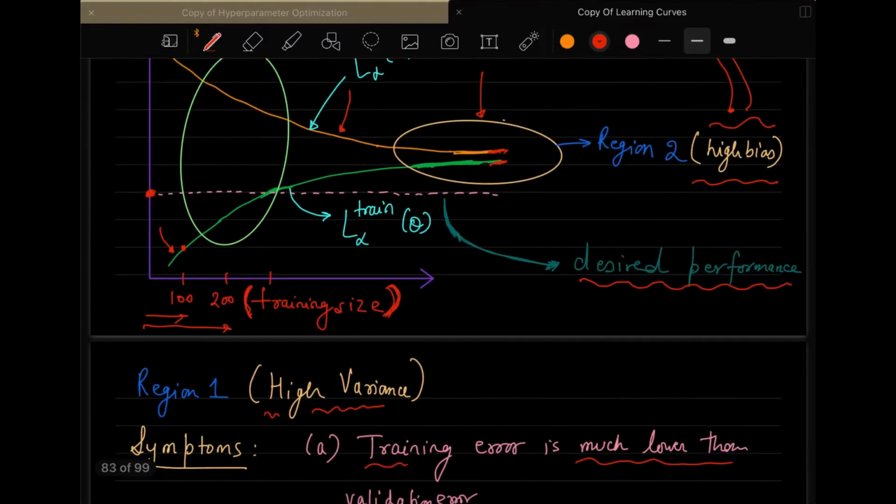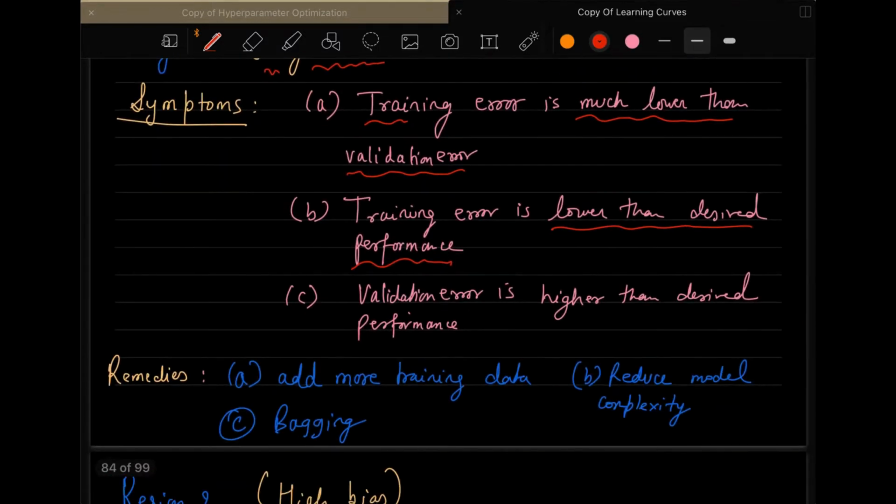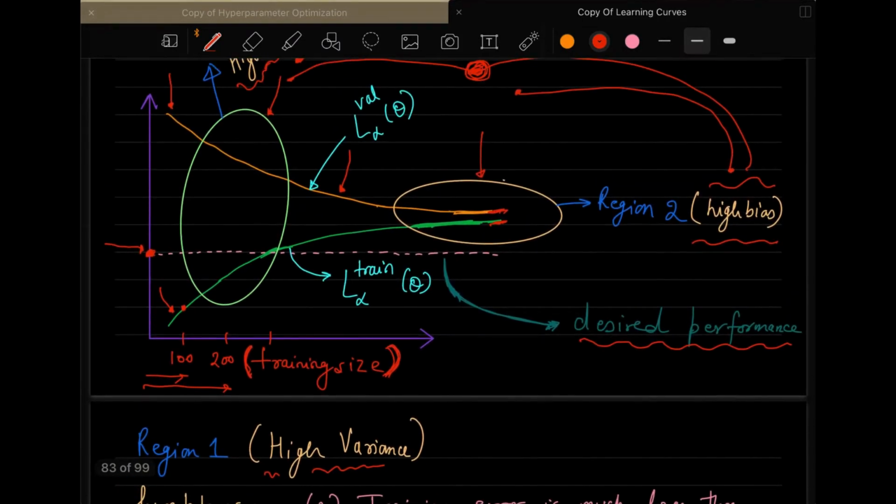You can see here our desired performance is this dash line and our training error is much lower than that also. And validation error is again higher than the desired performance. That is also evident from this graph. As you can see, your orange curve is much higher than that of the desired performance.